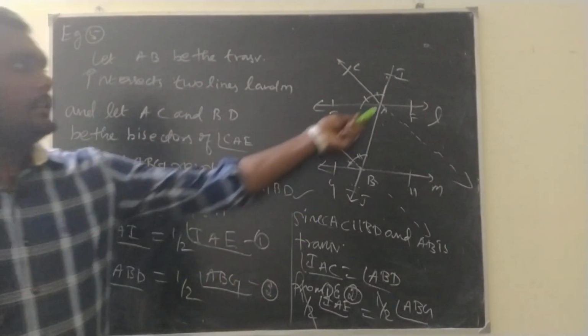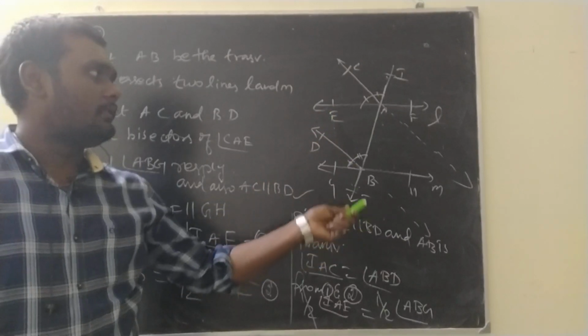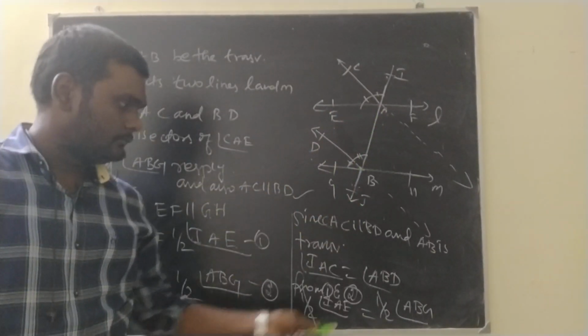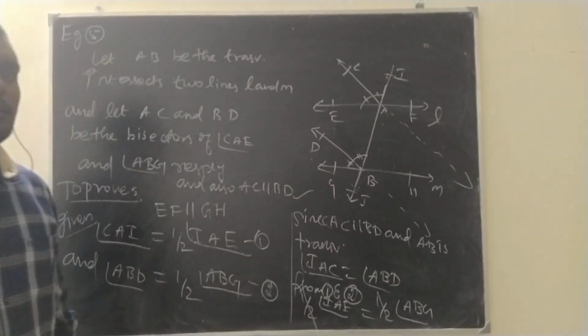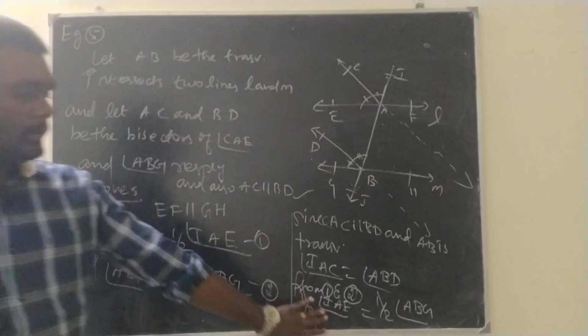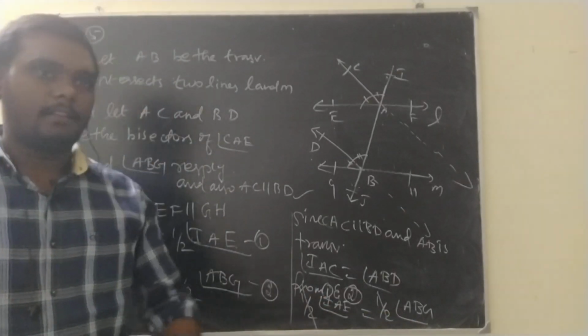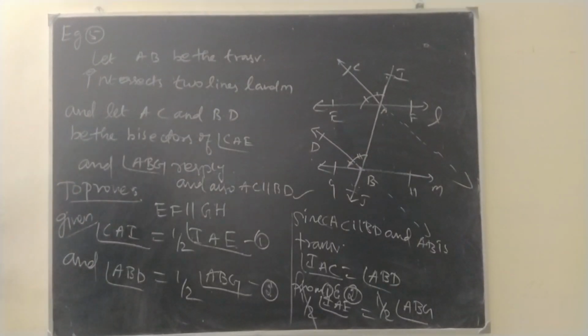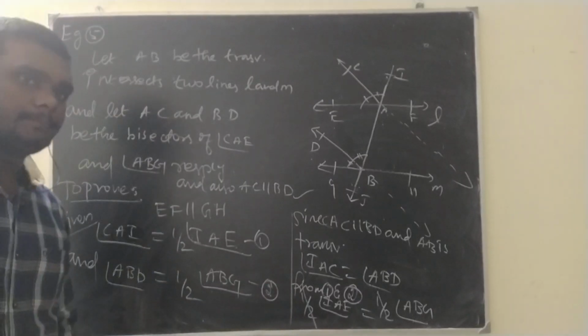We got our result IAE is equal to ABG, which are corresponding angles. If the corresponding angles are equal, then we can say that the lines are parallel. Using that result, we will conclude this proof.